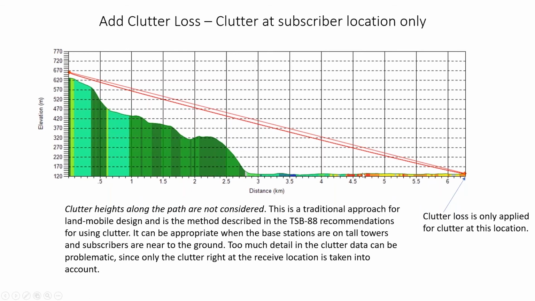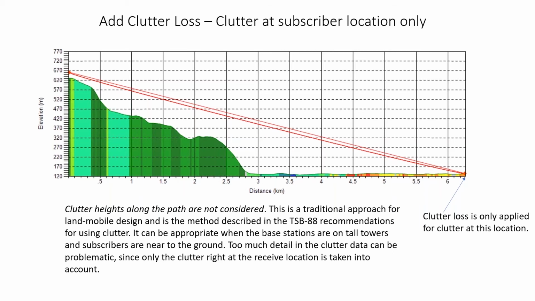You know that these red and orange categories represent buildings, but you'll see their height is not being accounted for. All we're doing is accounting for the clutter right at this mobile subscriber location and saying, okay, if the subscriber is in medium density urban, then we take off this many additional dB of signal level. So you can think of this as clutter specific margin at the subscriber.